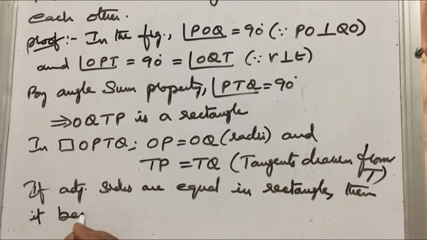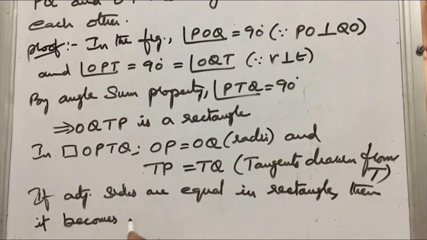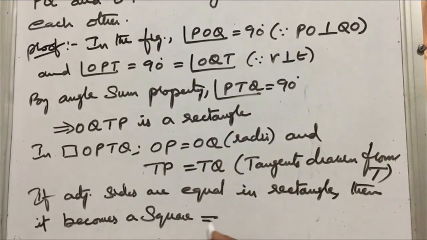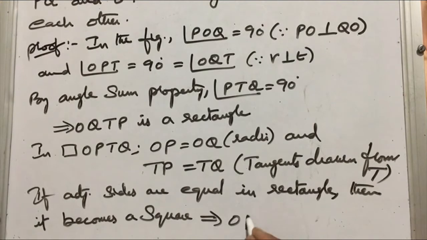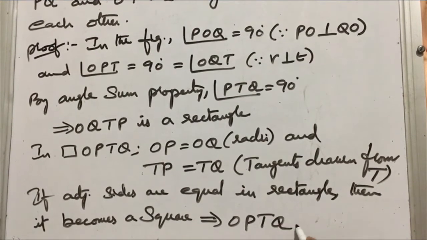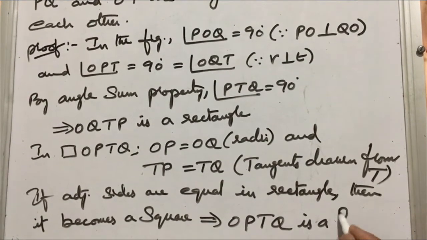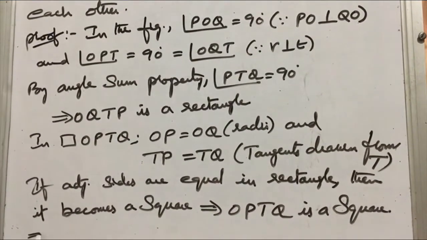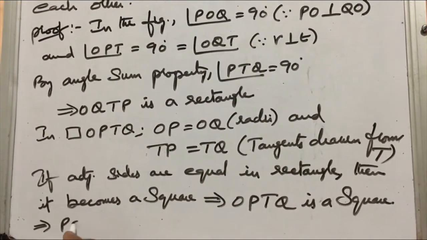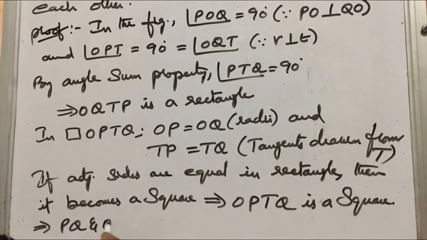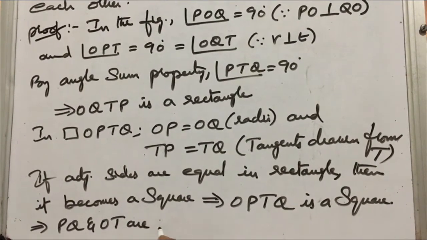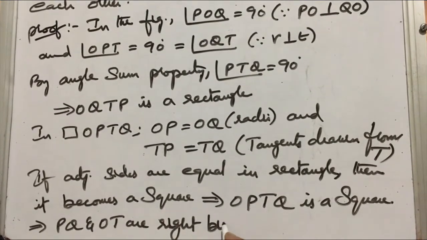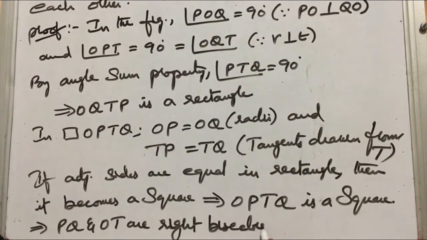This implies we can say that OPTQ is a square. This implies we can say that PQ and OT are right bisectors of each other as they are the diagonals.